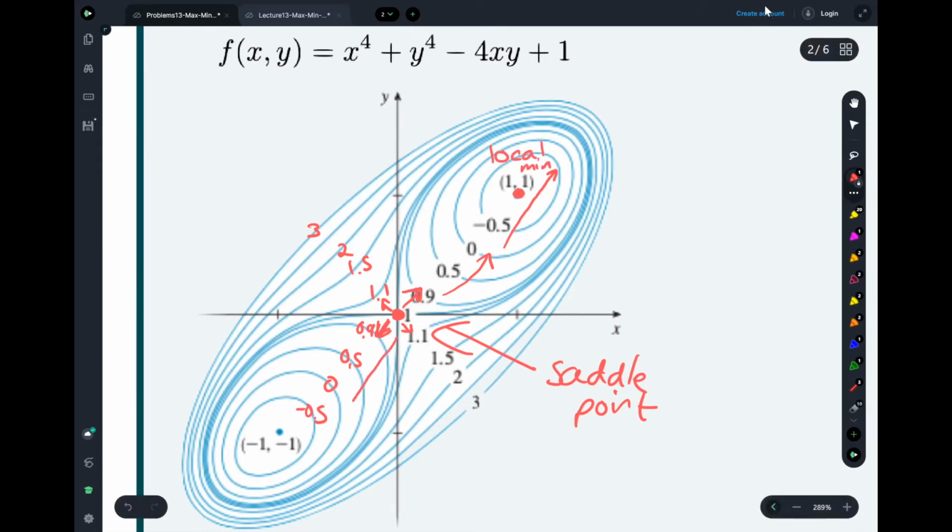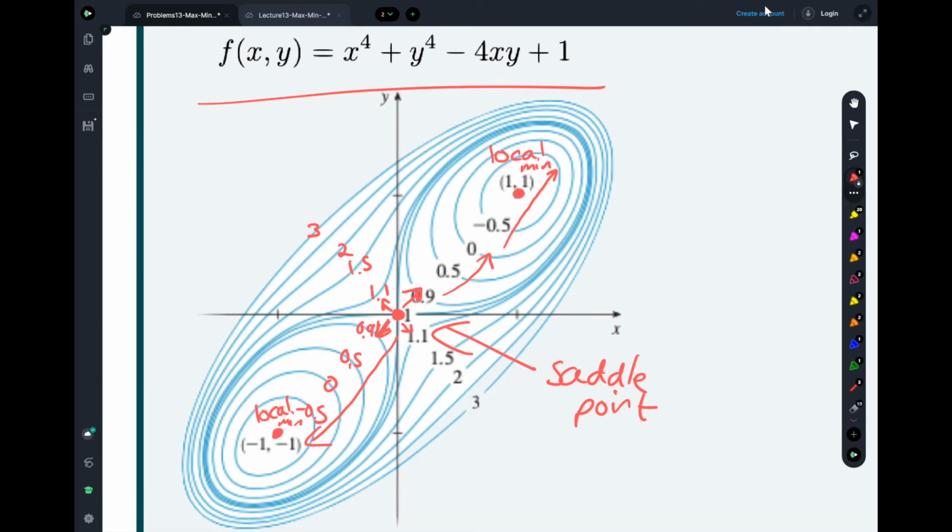Exactly the same going on in this direction. Our function values are decreasing as we cross those level curves. It suggests that there is also a local minimum, this value here. Okay, so we can just look at our function and say, where do we expect our local minimum and maxima to be? Here we actually have an equation for our function.